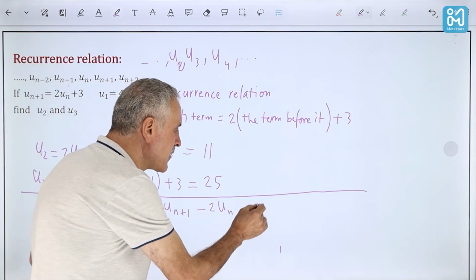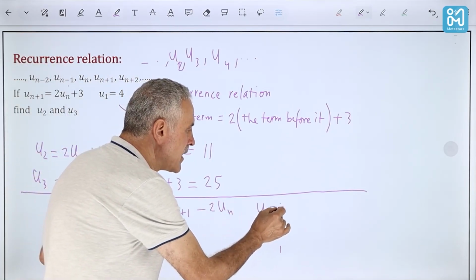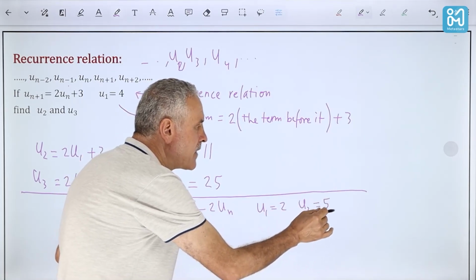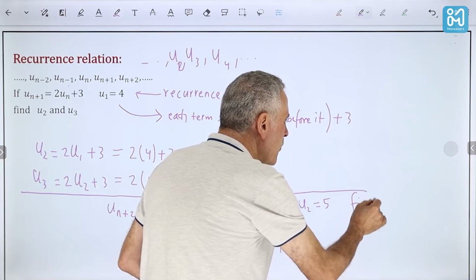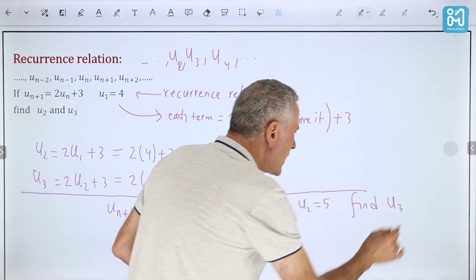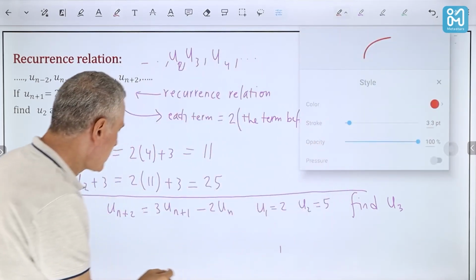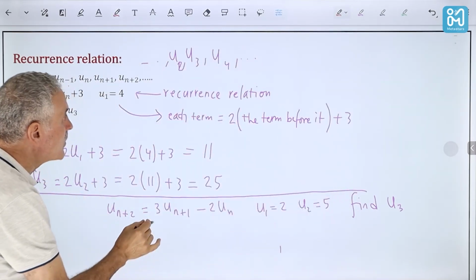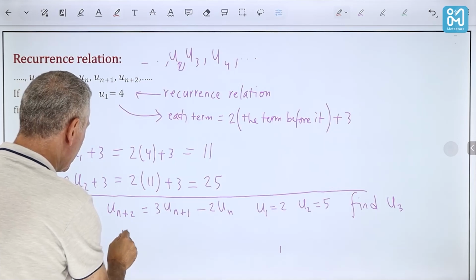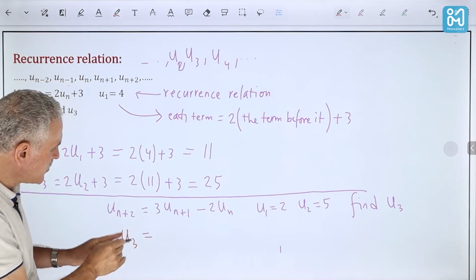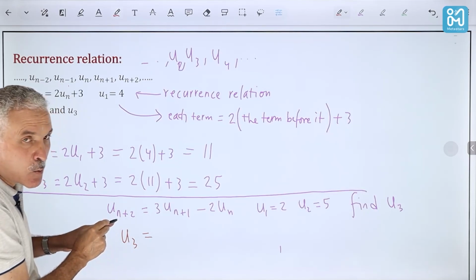So we have to be given 2 terms, the first and the second, and then you may have to find the third, the fourth, and so on. So u of 3, for example, is equal to, according to this rule, n plus 2 is replaced by 3, so n is replaced by 1.